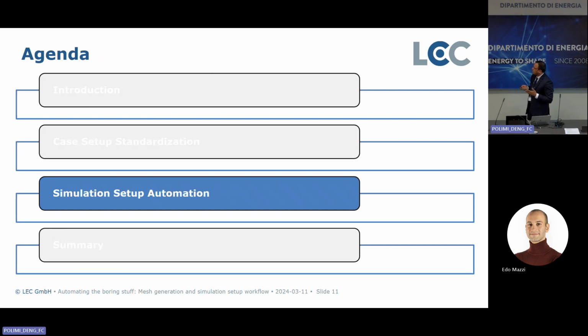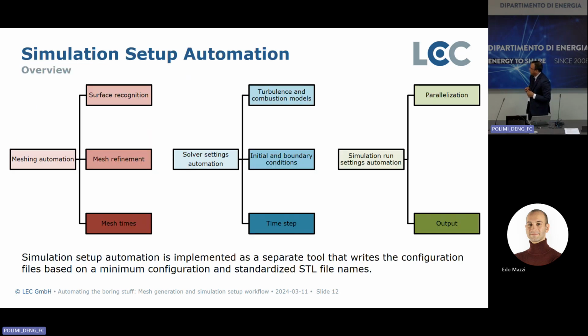Then I will go to the next part, which is the automatization of the simulation setup itself. I broadly divided these into three parts. First, we want to automatize the mesh. Then we want to automatize all the solver settings: the user gives the input that you want to use this turbulence model, and otherwise you still have to set up an OpenFOAM case.